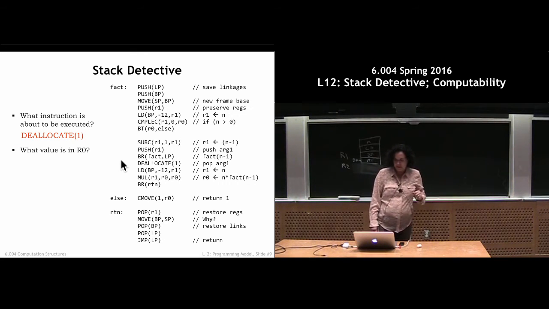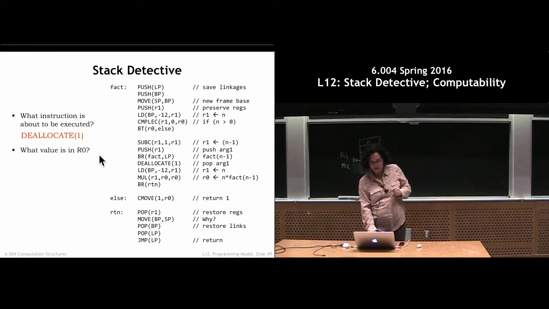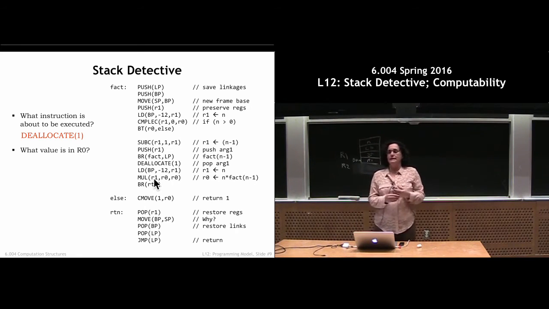And just a couple other types of questions that you want to make sure you can answer is, suppose we ask you, okay, what's the value in R0? Well, looking at our code, and knowing in general that we store the result into R0, we should be able to figure out what's currently in R0. Okay, so we already figured out that we're currently in the call to factorial of 3. So what do you think might be in R0 at this point?